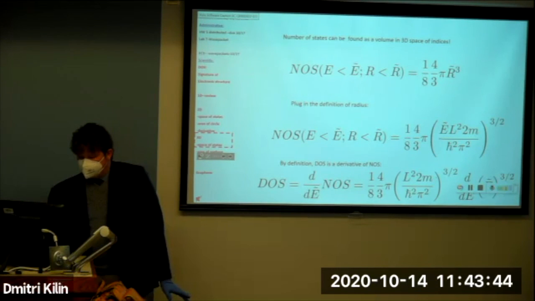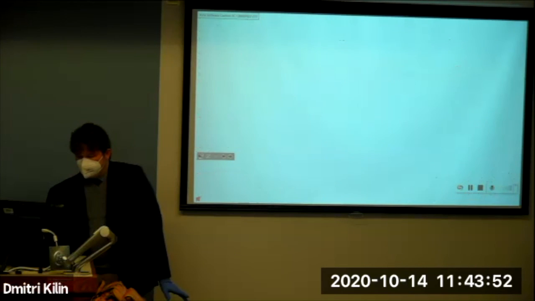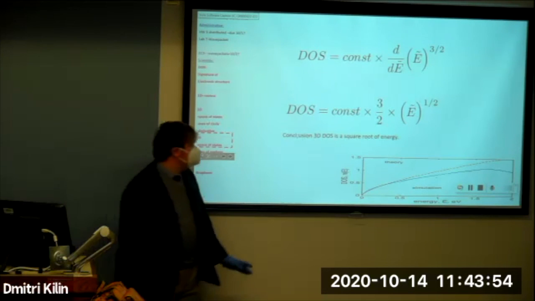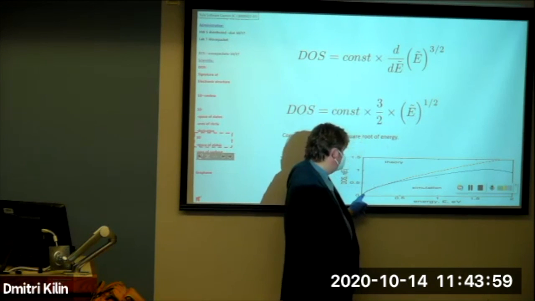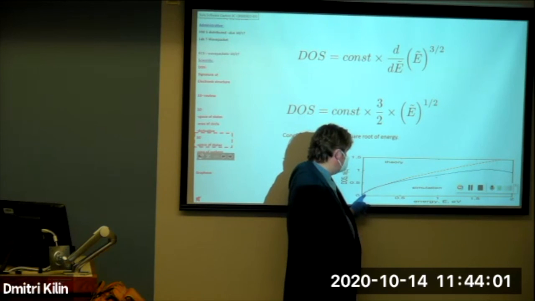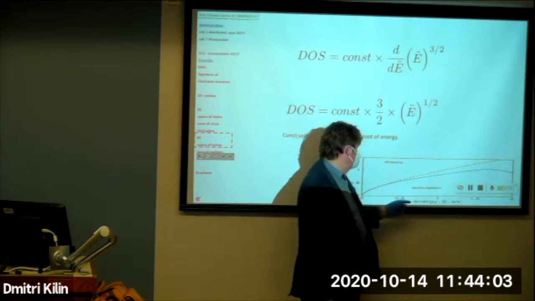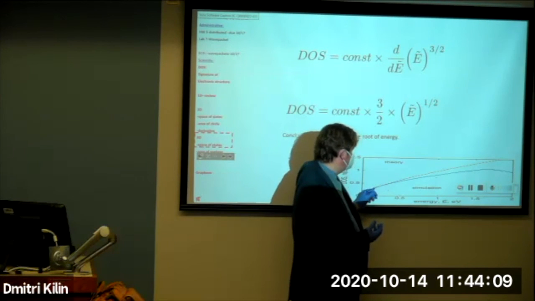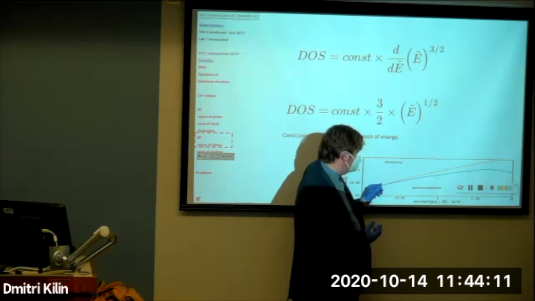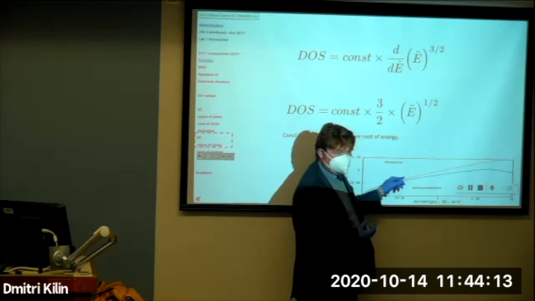And here are just the details if one really wants to skip all tiny details. So square root of energy, which means the higher up in energy you go, the larger is the density of states, the more states are available for the electron. But the slope of this dependence becomes less and less.